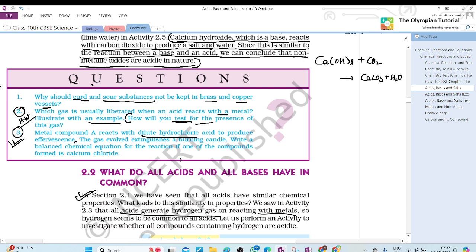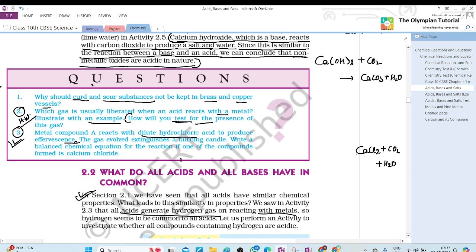Write down the equation. Effervescence. The gas evolved extinguishes a burning candle. It is carbon dioxide plus water.